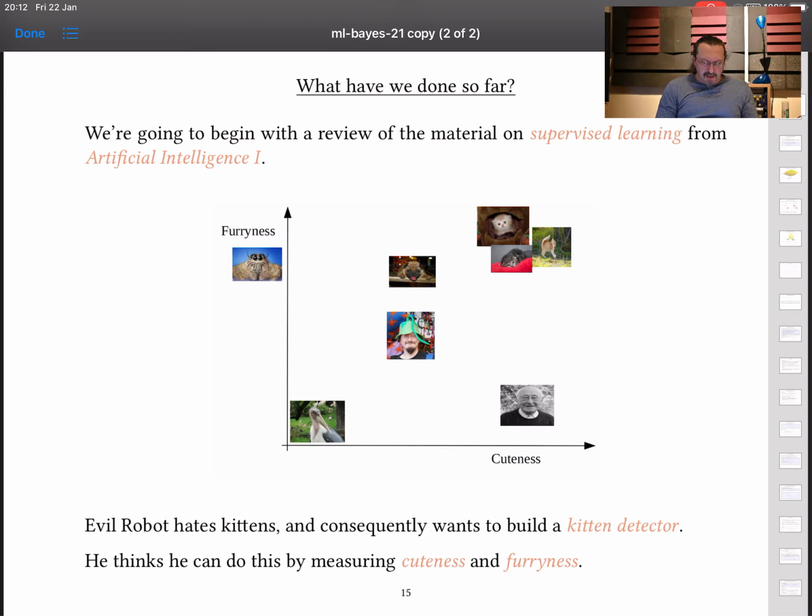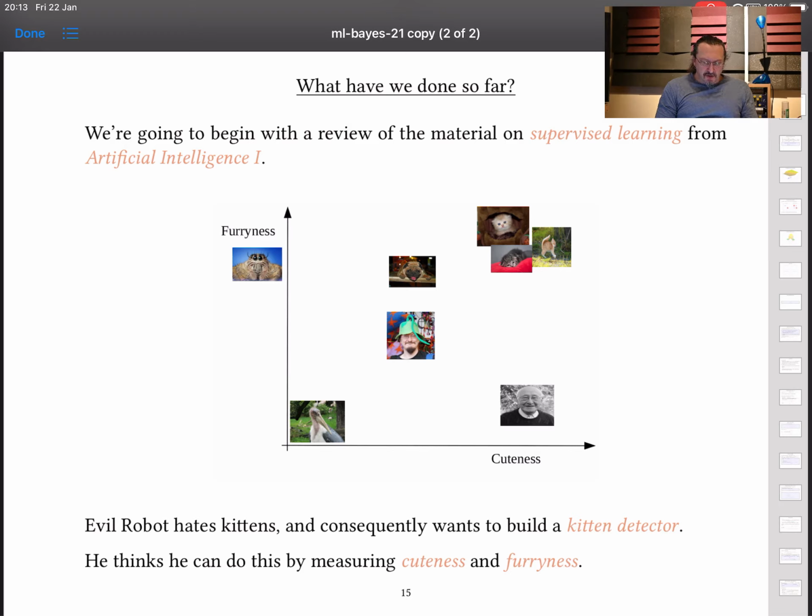And Evil Robot thinks that one way of doing this would be to use his sensors to measure two input variables, two input features. And those two input features are cuteness and furriness. And he has collected some data to go with some of the things that he has come across while doing his evil thing in the world.